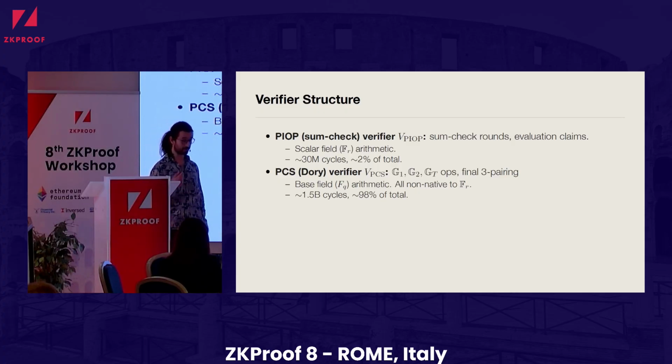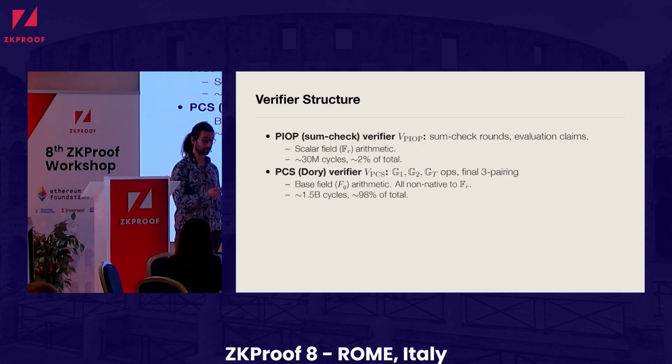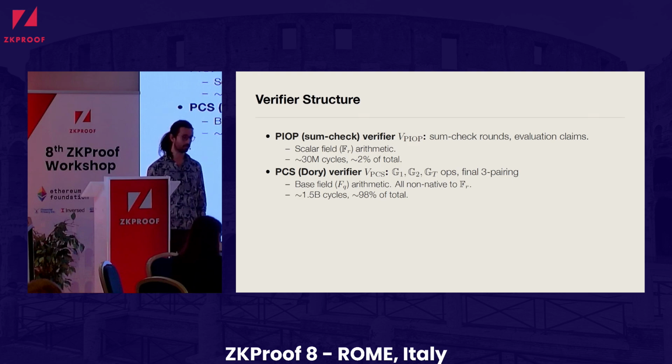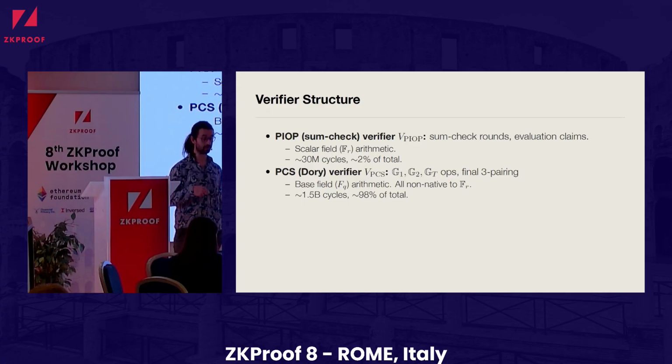And the verifier computes the PIOP and the PCS parts of the SNARK differently. In the case of Jolt, we use the SumCheck. So the verifier for the PIOP does these SumCheck rounds, evaluation claims, and all these operations are over the scalar field of the prover. In this case, we call it Fr.